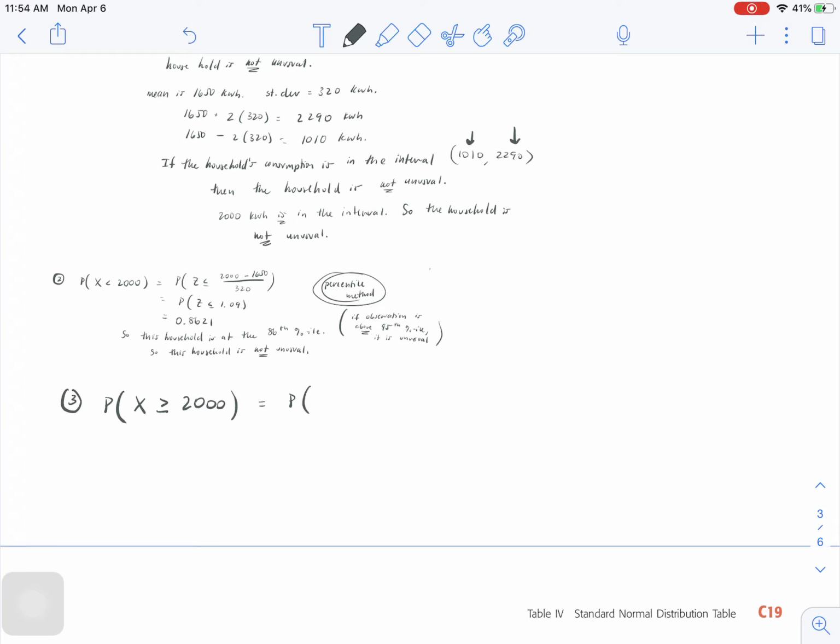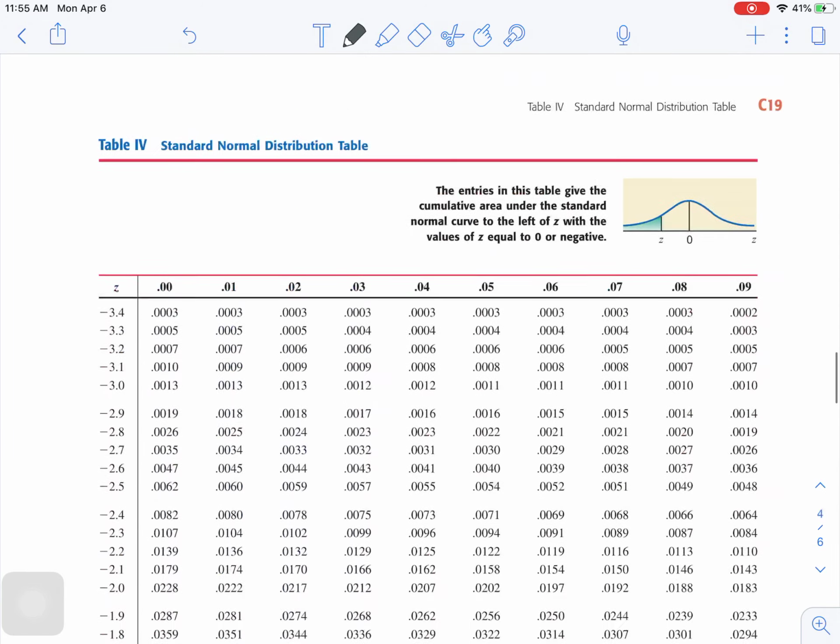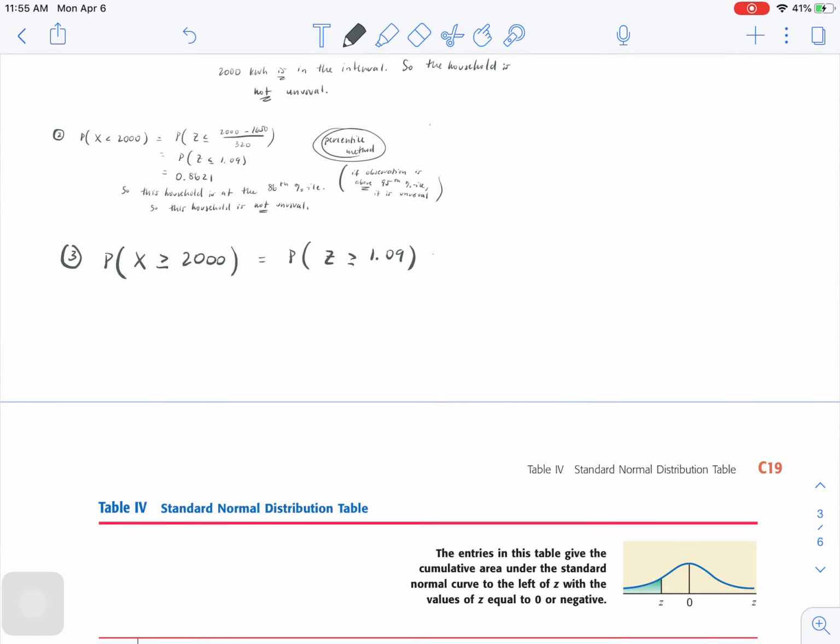Since x is normally distributed, I convert this to a z-score. We did that in the last problem, so we want the probability that z is greater than 1.09. This is equal to 1 minus the probability that z is less than or equal to 1.09, which I calculated in my previous method.